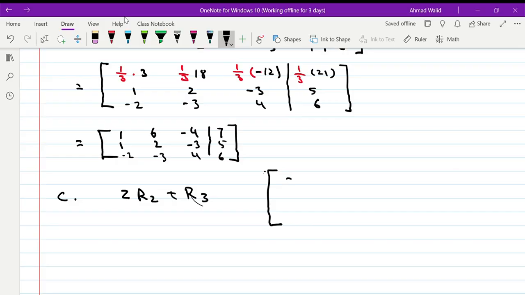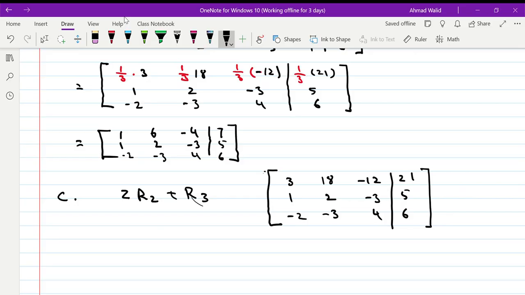I had 3, 18, -12, 21, 1, 2, -3, and 5, -2, -3, 4, and 6, I think, right? Yes, 4 and 6. 2 times R2 plus R3. Look, I don't want to write all the steps. I'll do this. This is my row 2, right? I'll multiply 2 to all of them like this.